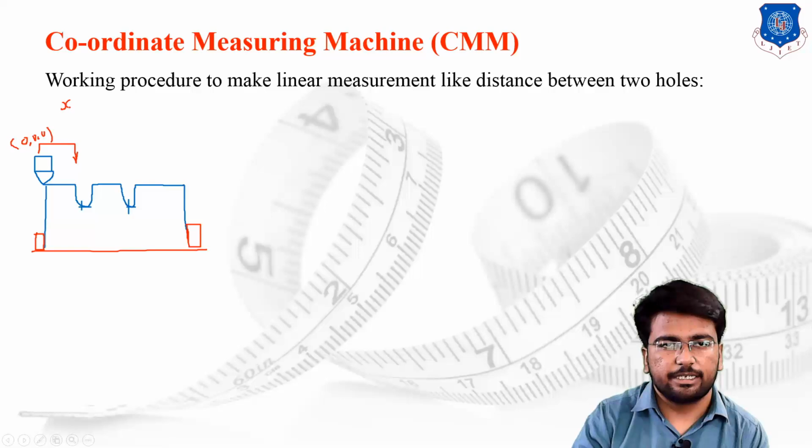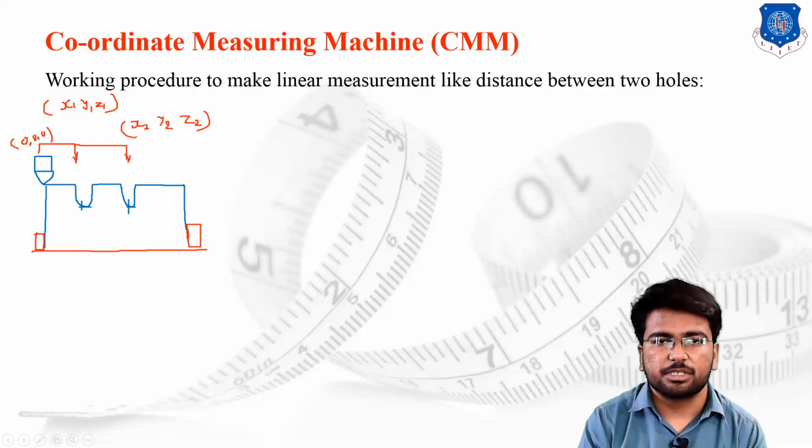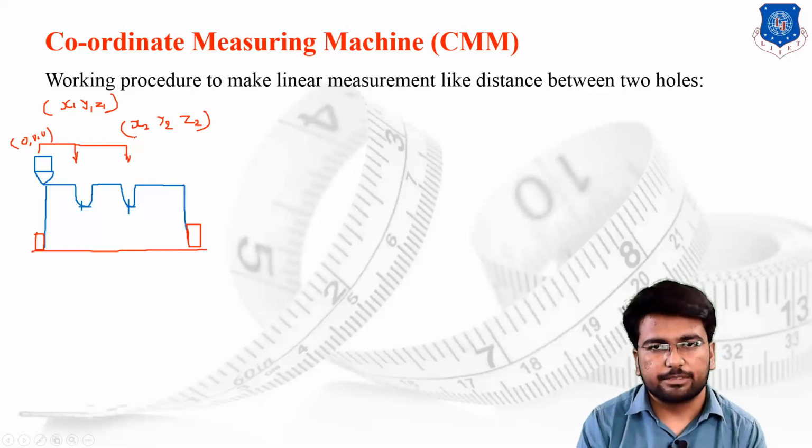Let's say here the data is x1, y1, z1 in all the directions. Then again move the probe to the second one, let's say x2, y2 and z2. By checking the values of x1, y1, z1 and x2, y2, z2, we can measure the distance between these two points, these two holes.